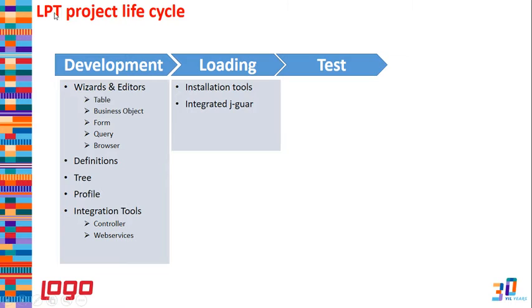In the development, we will use various wizards and various editors to design the project. We will come to all these steps when we are developing a project. These are definitions, trees, profiles, and integration tools. I'm sure you're curious about what all these things are, but you will understand it much better when we come to developing the project. So let's jump to our application.